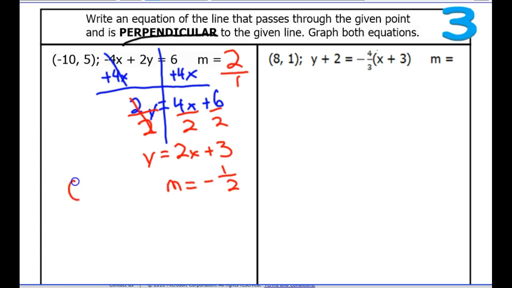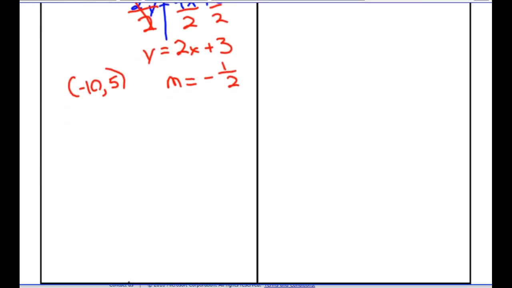So we have to take our point, which is negative 10, 5, and we're going to put this into an equation. The equation that we're going to make is going to be point-slope form because we have a point and we have a slope. So what we start with is y minus y1.